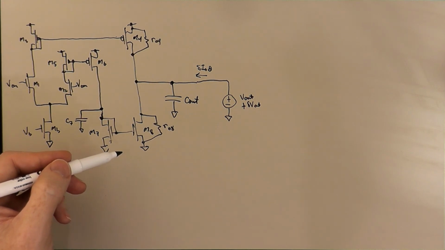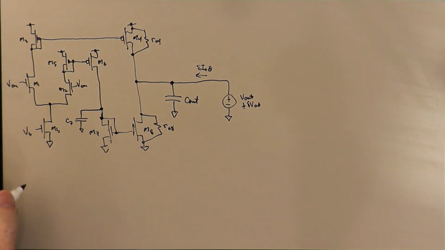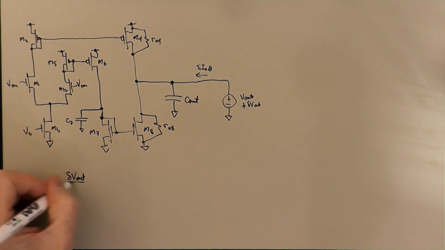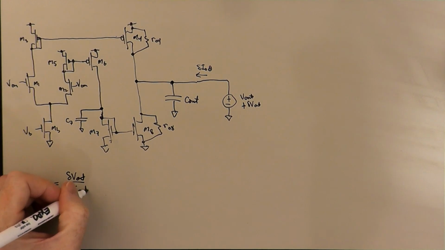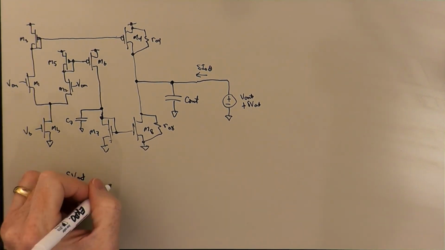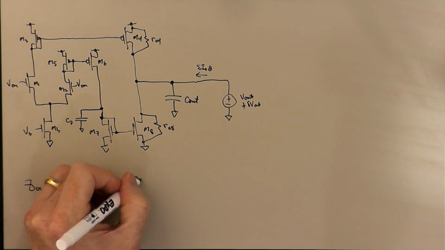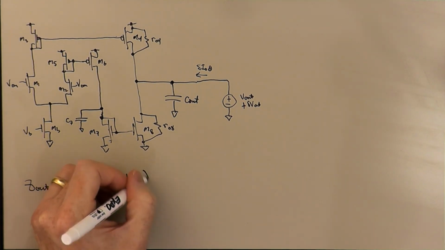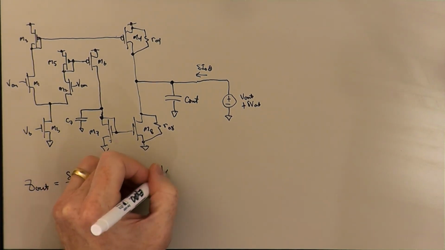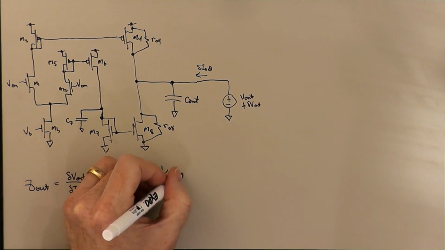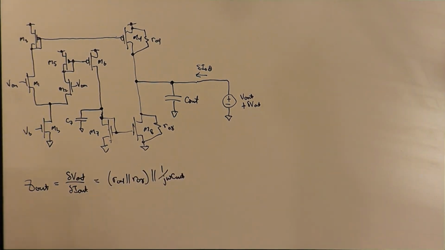And so our Z out, which is delta V out to delta I out, would still be basically RO4 parallel RO8 in parallel with 1 over j omega C out. So that is unchanged by the presence of C7.